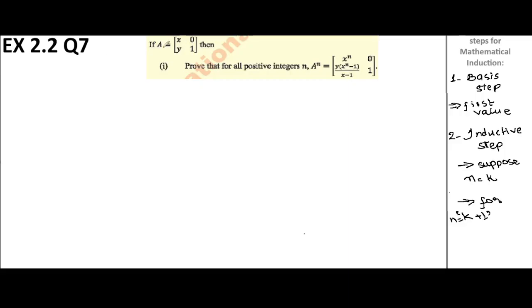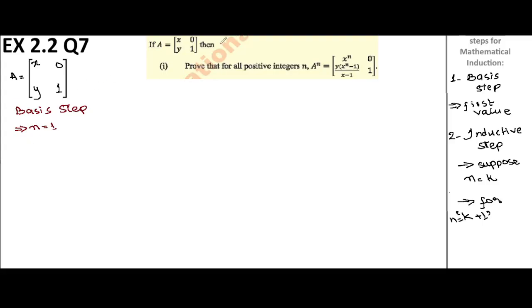First of all, we are going to write this matrix as the first step over here in our solution: x, y, 0 and 1. Now we are going to do the basis step first. So we are going to write over here basis step, where n equals 1.